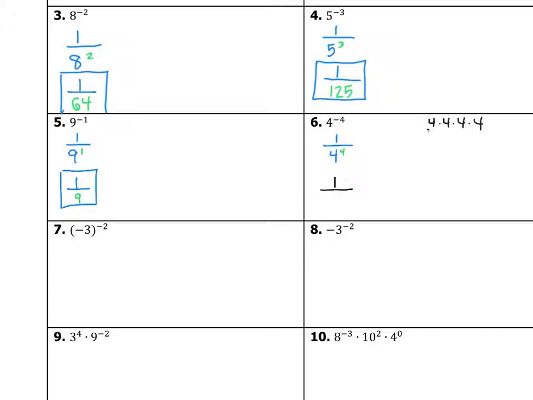That would be 16 times 16, and 16 times 16 is 256. So this simplifies to 1 over 256.